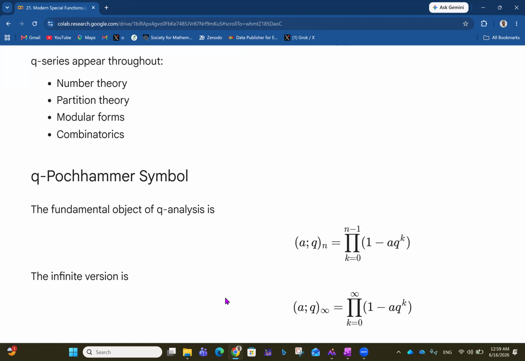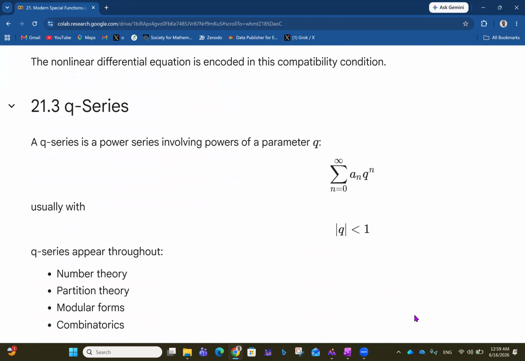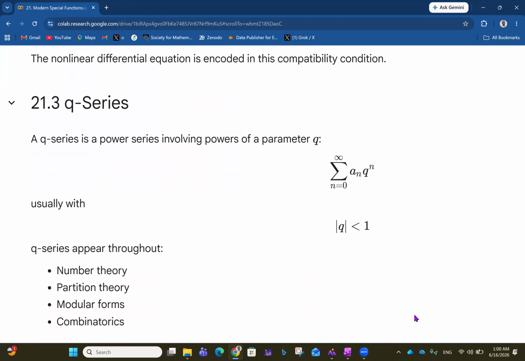Then the infinite version is (a;q)_infinity, which is the product over k from 0 to infinity of 1 minus a q to the power k. That's the q-Pochhammer symbol. Here we are talking about q-series, right? Generally we know a q-series is a power series involving powers of a parameter q.